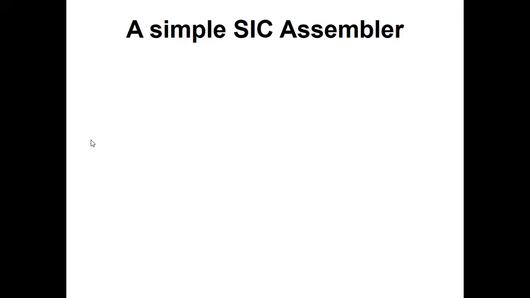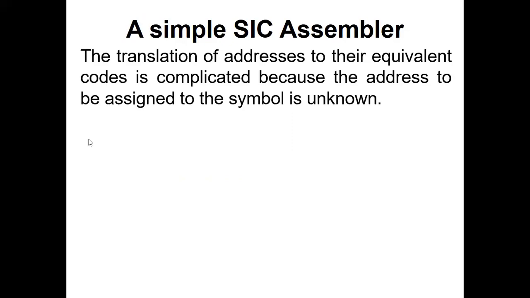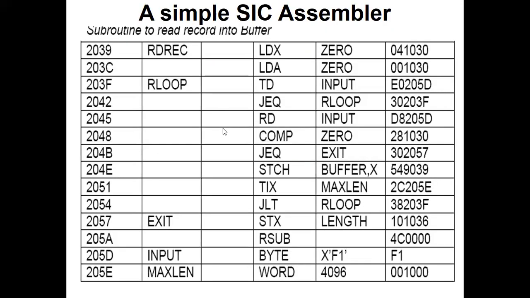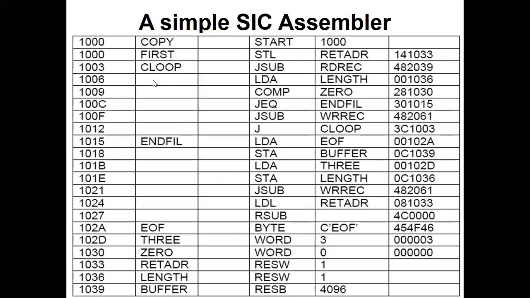Okay, now we go ahead and it says translation of the addresses. One thing that you have to realize here is that everything is easy if we have the table which has got the opcodes, like that table where we read that STL is 104, jump to subroutine is 48, LDA is 00, and then we also have these addresses.